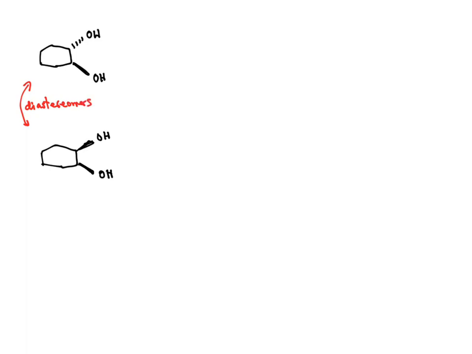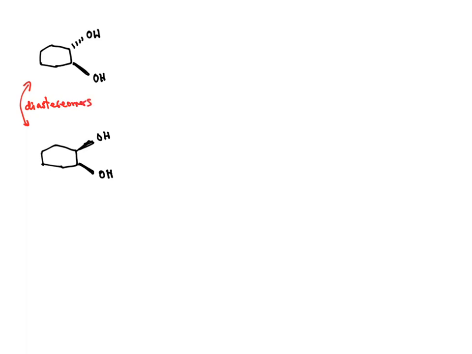So, for example, let's say we had this molecule here, and we have this molecule here. You would agree that they are stereoisomers of one another, and it turns out that they're diastereomers of one another. These are non-superimposable, non-mirror images of one another.